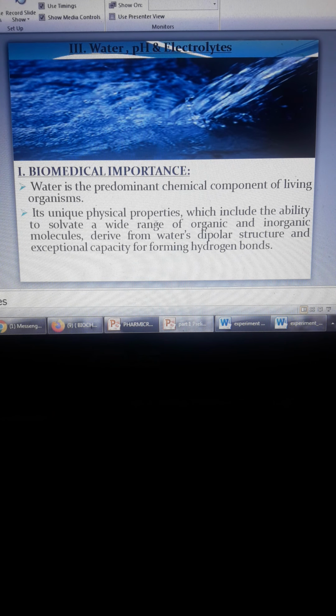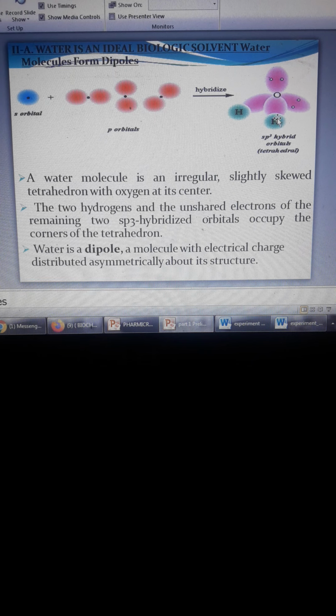So the water molecule is an irregular, slightly skewed tetrahedron with oxygen at its center. If you try to see the structure of water, oxygen is the center, and it is considered to be a tetrahedron. These two are considered to be the lone pairs of oxygen.